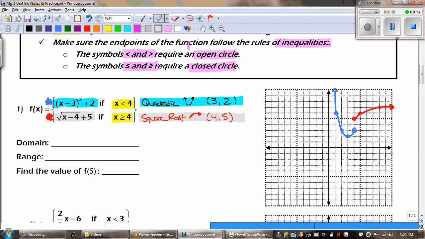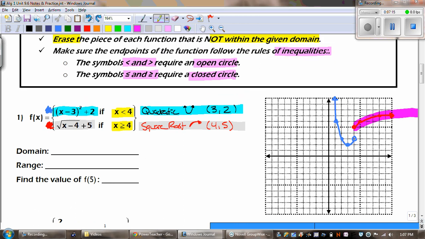Is there any limit saying I can go only so far to the left or so far to the right? If I go to the right, that's what the square root function is telling me to do. And going to the left, even though this goes straight up, it's also going to go wider and wider. So there's no limit on our domain, so x is all real numbers.